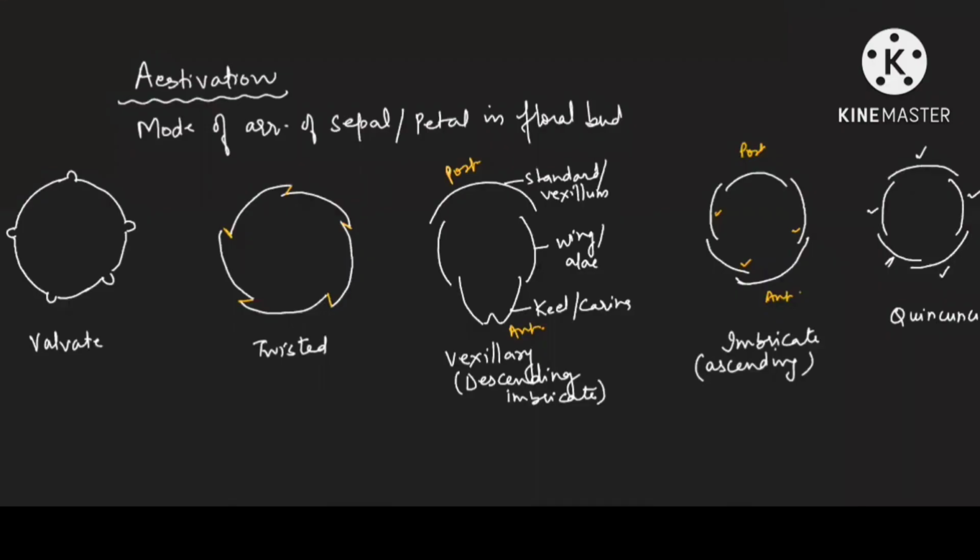Now let us study the examples. For valvate, example is your mustard, Calotropis. For twisted, example is your ladyfinger, cotton, China rose. Vexillary example is your pea, bean.